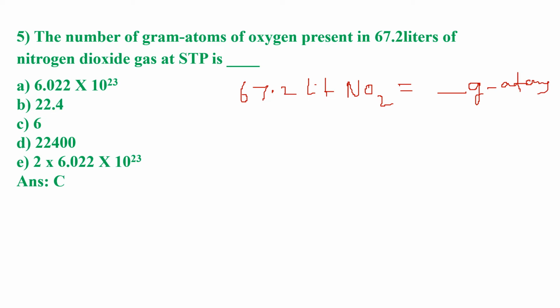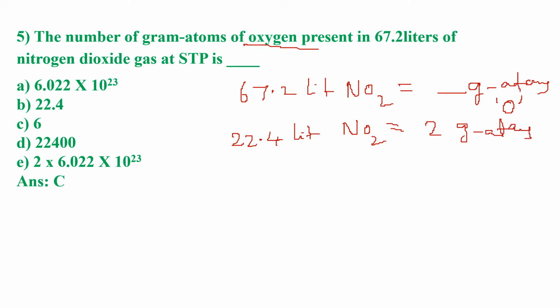Here it is asking only for gram atoms of oxygen. Generally, 22.4 liters of NO2 contains 2 gram atoms of oxygen. So how much does this much contain?